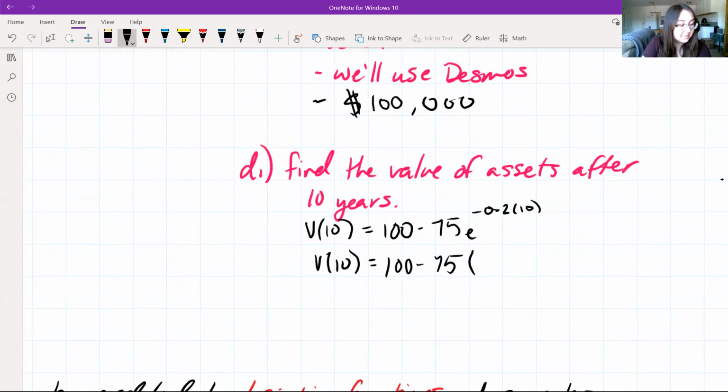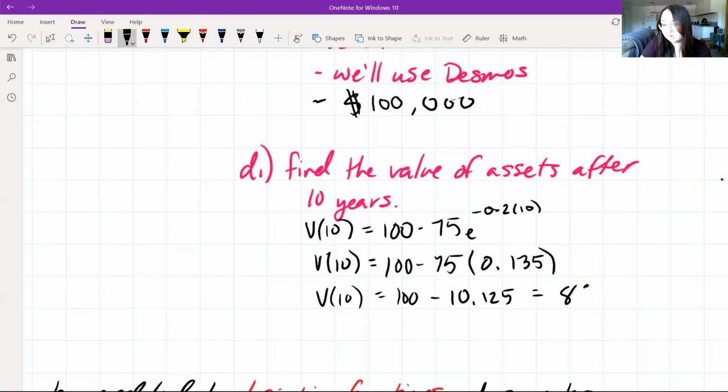And if you had, we would see that we would have gotten 0.135 as our answer. So now we're going to multiply 75 by 0.135. We're going to get 100 minus 10.125, and that was just going to simplify to 89.875.